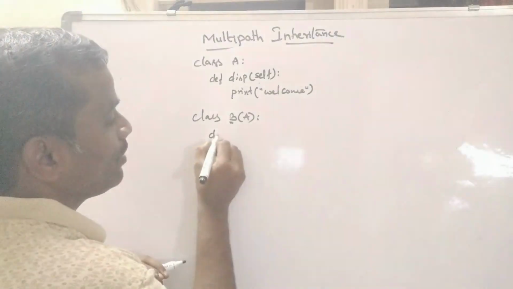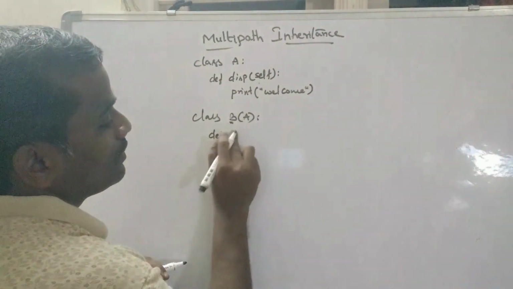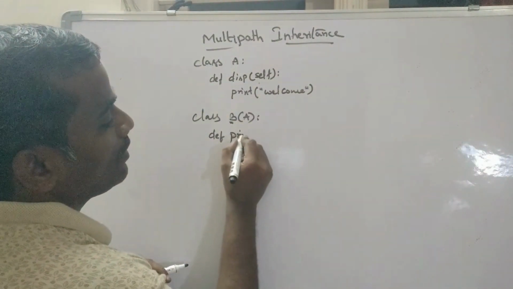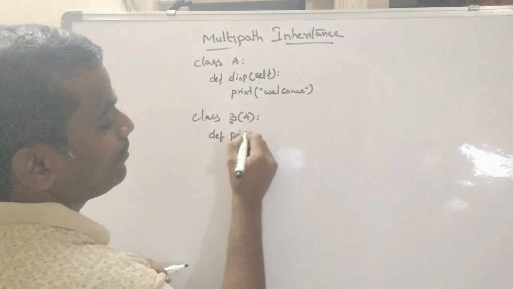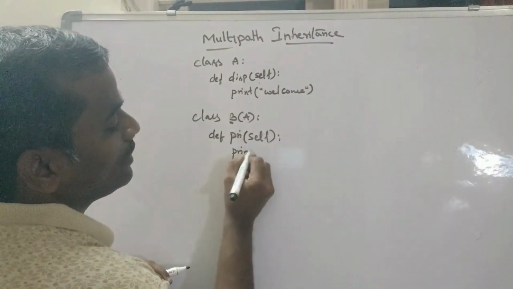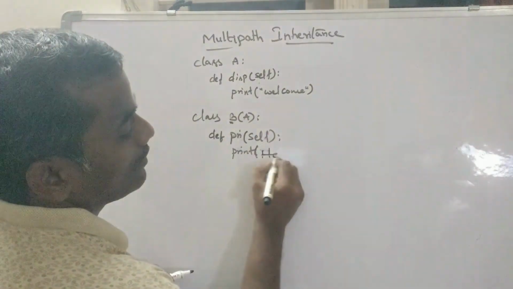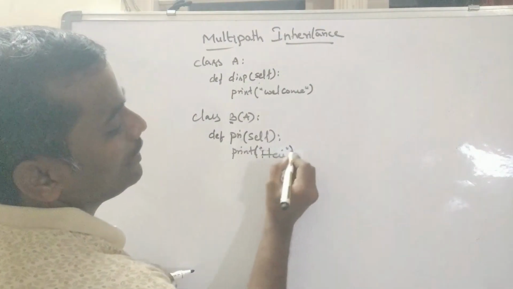Here I can define one more function, suppose print, of the self. I can print something, print hi.